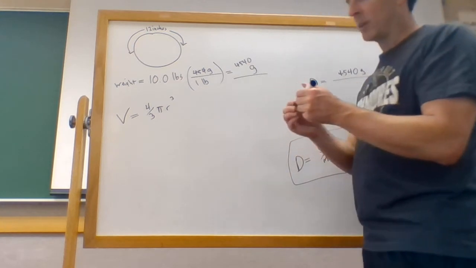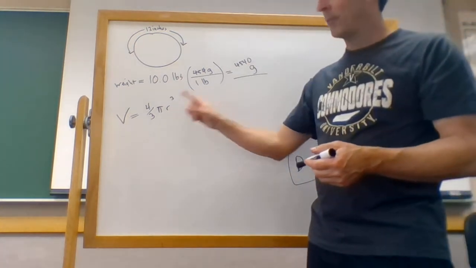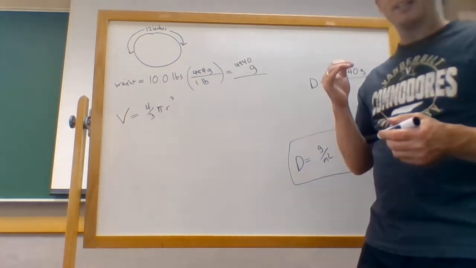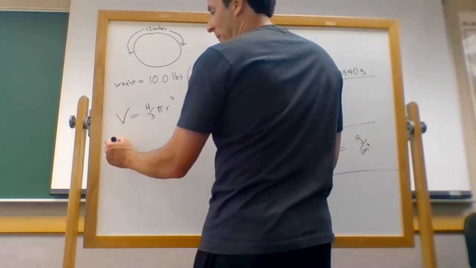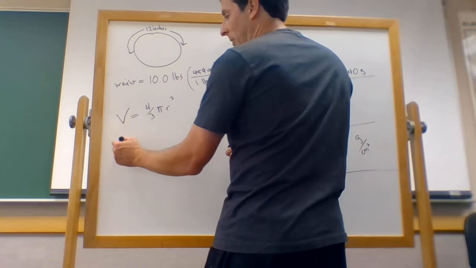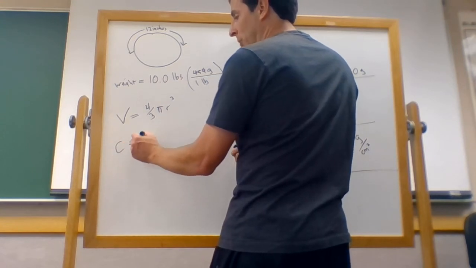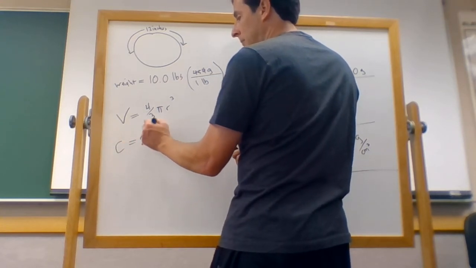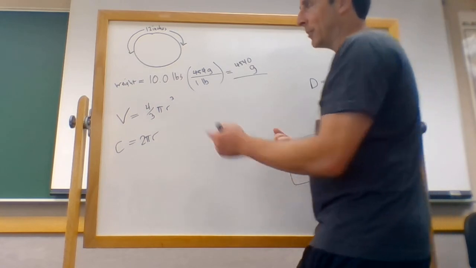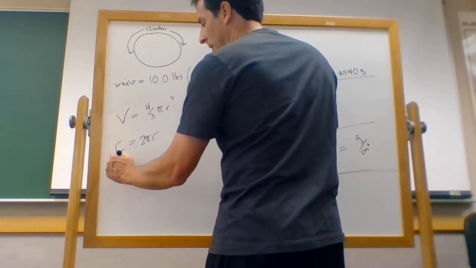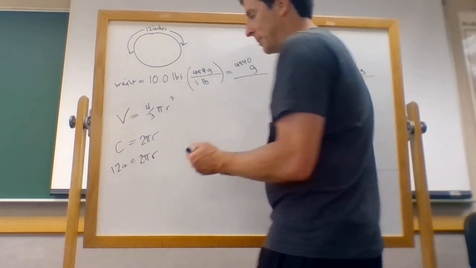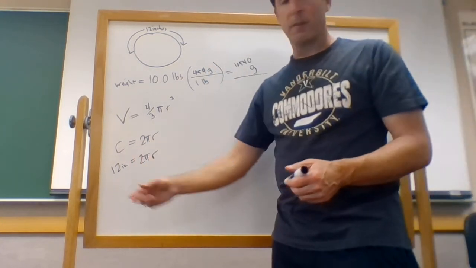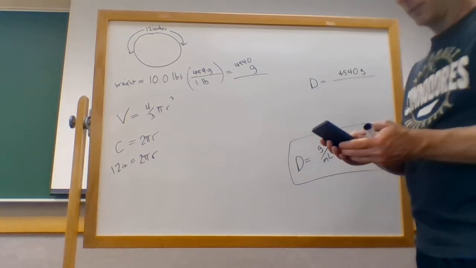So basically, in order to get the volume, I need to find the radius. How do I find the radius? Well, they gave me the circumference is 12 inches. And if you remember the circumference, I don't know what symbol is used, I'll just call it C. The circumference equals 2 pi r. So basically, if the circumference is 12 inches equals 2 pi r, then I should be able to divide the 2 pi over and get the radius.